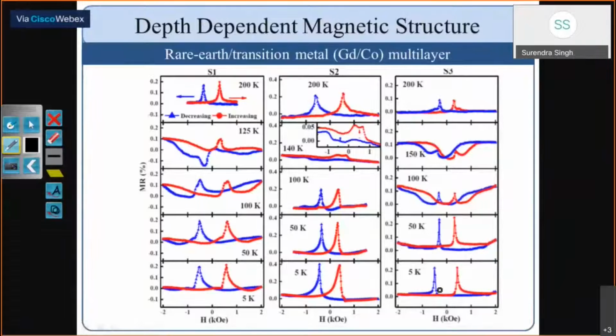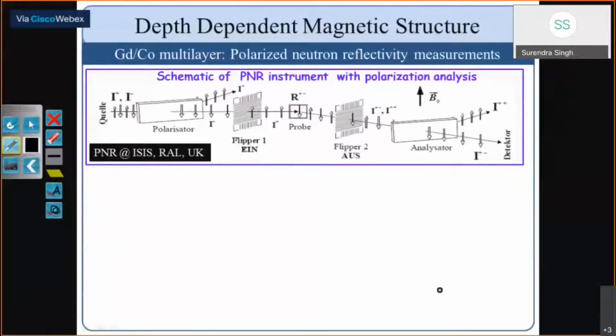So to see this kind of structure, we have done polarized neutron reflectivity with spin analysis. These measurements were done at ISIS Rutherford Appleton Lab in the UK, where we have this kind of instrument. I have already explained this.